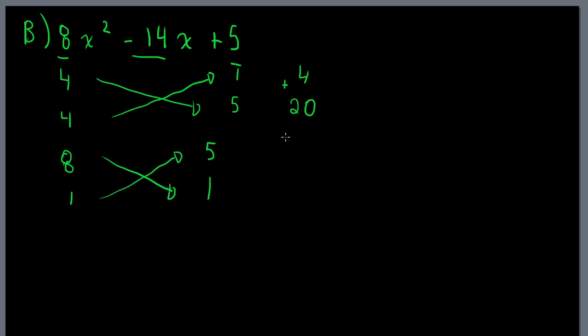This will give me 5. This will give me 8. Now, do these sums give me 14? They give me positive 14. Well, if I do minus 5 minus 8, that will give me a minus 14.